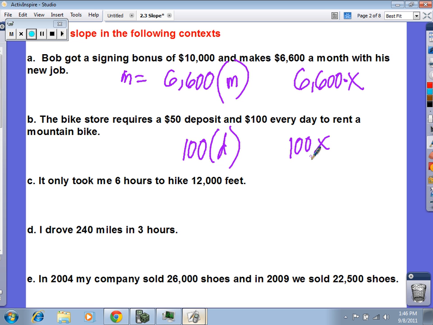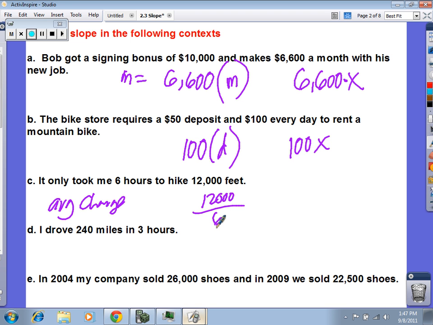What about C? This is where it's going to get into the good stuff. C. It took me 6 hours to hike 12,000 feet. I want the average rate. What was my average speed? What was my average change? The average. 12,000 divided by 6.